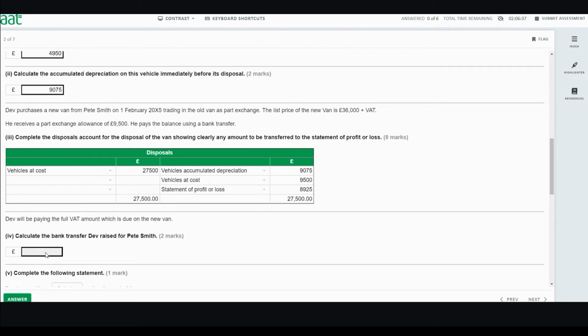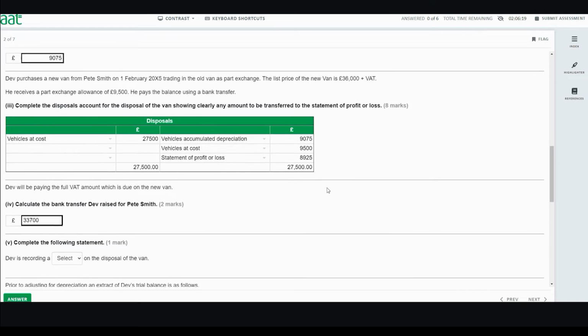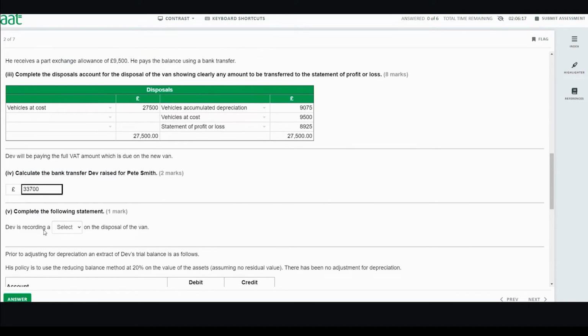So the amount of bank transfer would then be 33,700. Okay, and it's quite straightforward to gain those two easy marks. You just need to remember that you've got to take into account the vehicle at cost and the part exchange you've received.